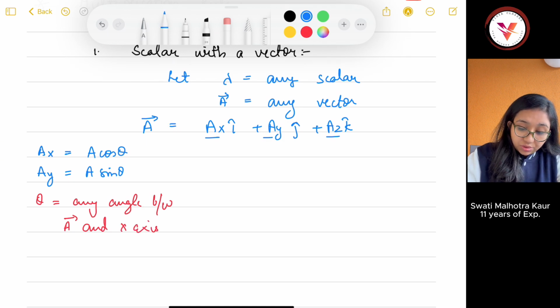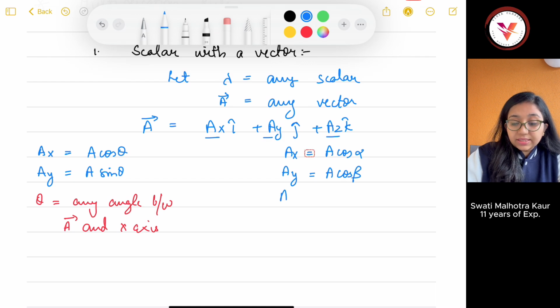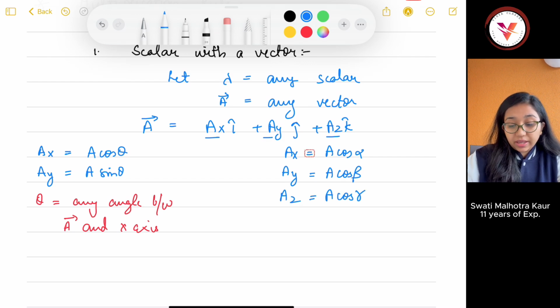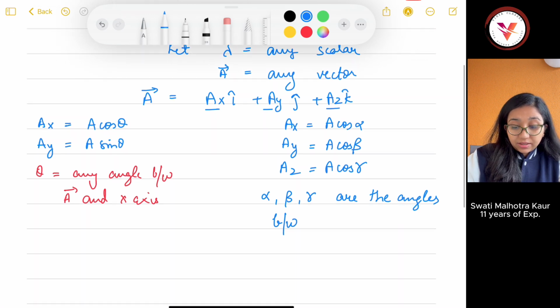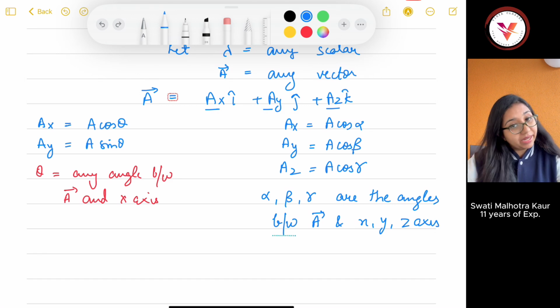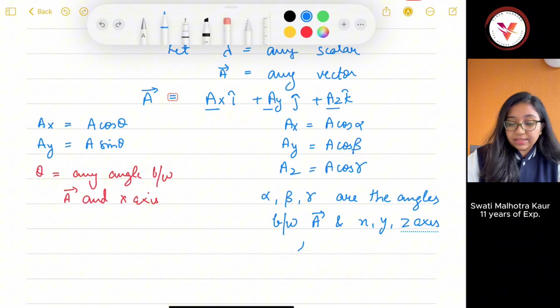You can also write ax equals a cos alpha, ay equals a cos beta, and az equals a cos gamma, where alpha, beta, and gamma are the angles the a vector makes with the x, y, and z axis respectively.